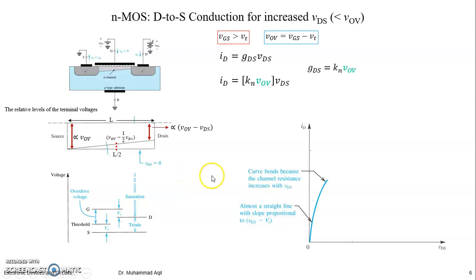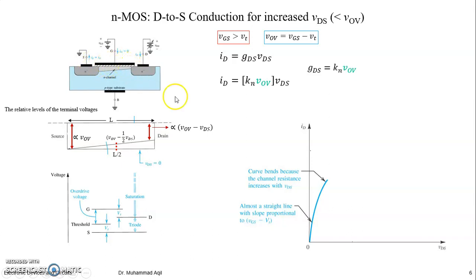Channel depth. Now if I increase VDS further, the source is grounded and the gate potential is applied uniformly over the whole gate terminal.